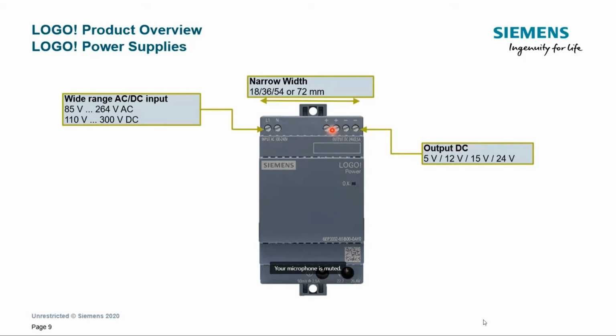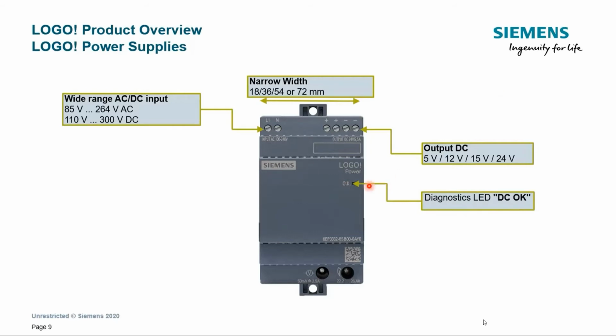Output, we have two terminals on the output side, and we have many variants of this power supply with different voltage output range. We have 5 volt output DC, 12, 15 and 24. Of course, what is intended to be used with LOGO is the 12 and 24, but the 5 and 15 are there if required for special applications.